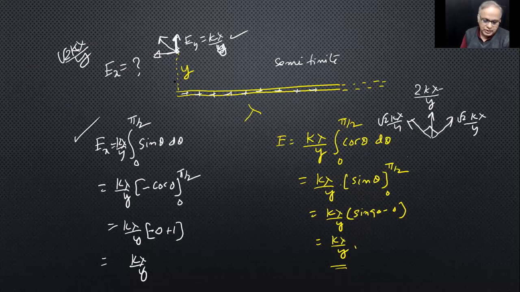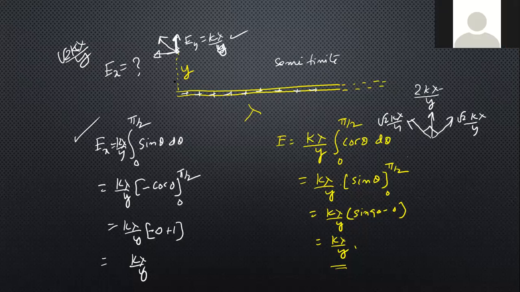So from the old one only I got this. Agreed? So we considered an infinitely long line charge, and then finite on one side, infinite on the other side.